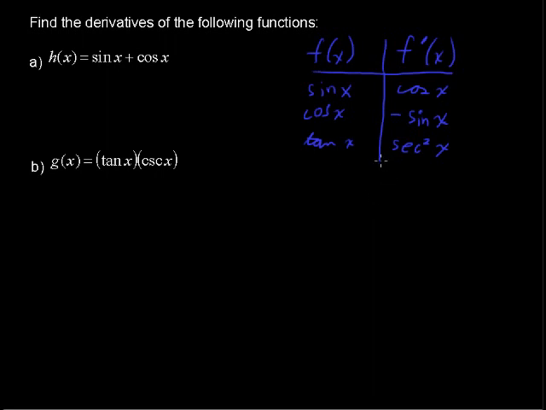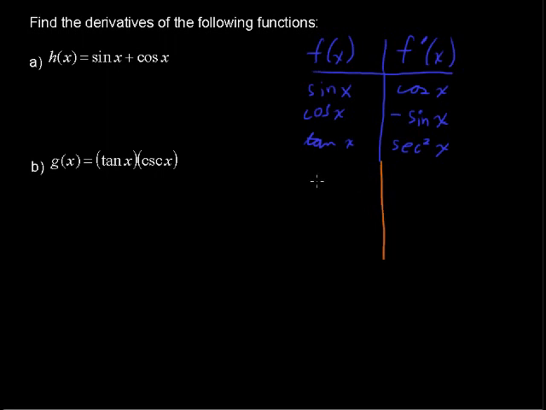As much as you may have heard me say in other videos that I like to memorize very little and understand a lot, I'll have to concede that for the derivatives of trigonometric functions, it turns out to be a little bit faster, a little bit easier to just memorize them. And with a lot of practice, or even just a little bit of practice, you'll get to memorizing these.